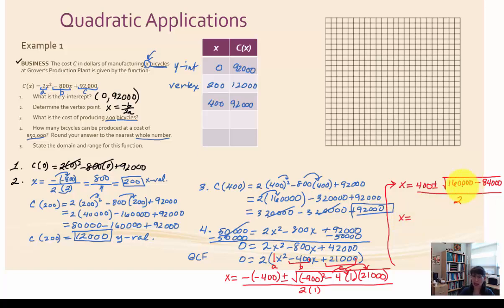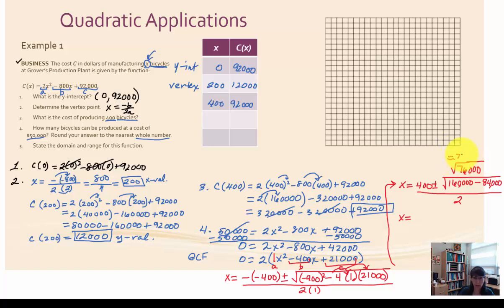So let's simplify what we have under the radical. 160,000 minus 84,000 will be 76,000. We'll need to convert the square root of 76,000 to a decimal in order to use this numerical value. So with your calculator, find your square root function, and I'm going to round to the nearest whole number.